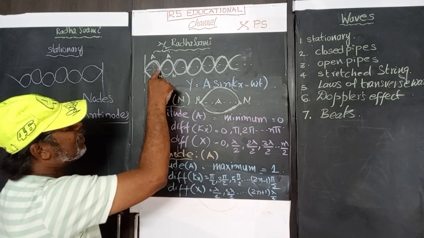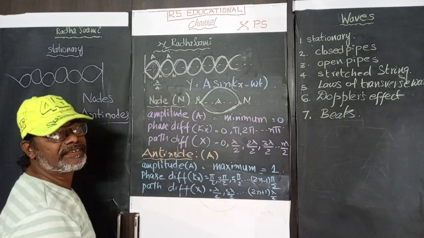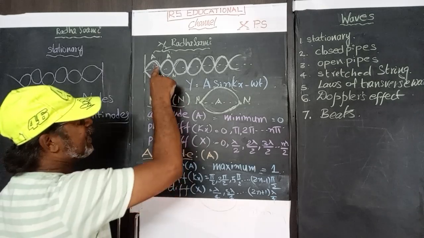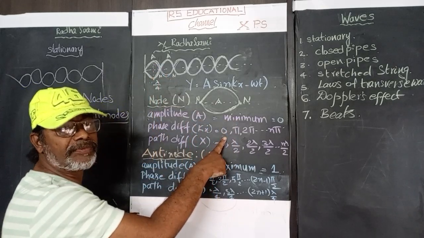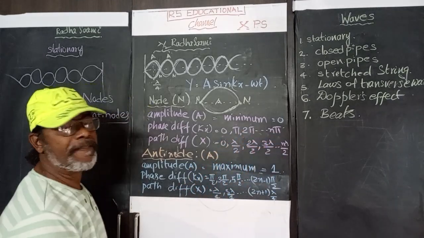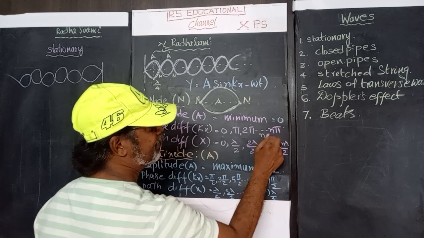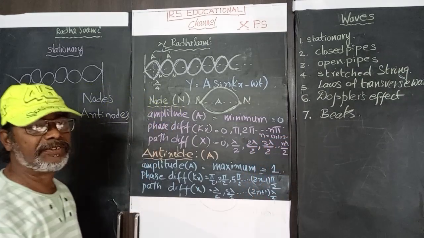Then what about the phase difference? The phase difference of nodes is 0, pi, 2 pi and so on, n pi, where n starts from 0, 1, 2 and so on.